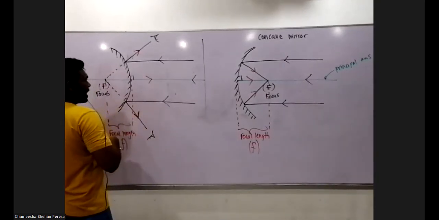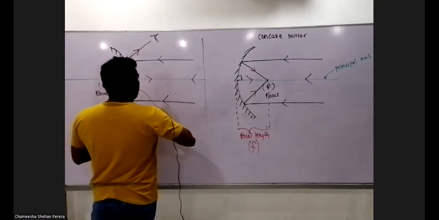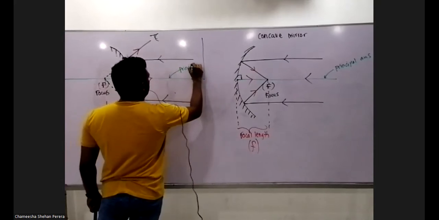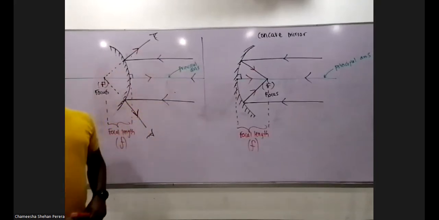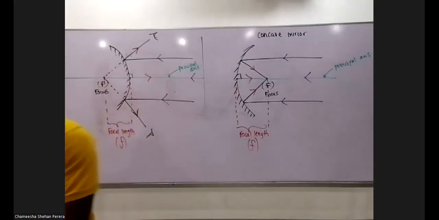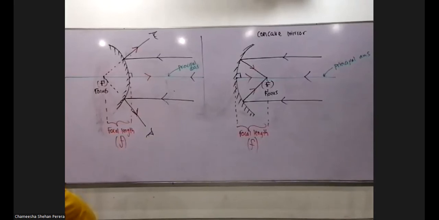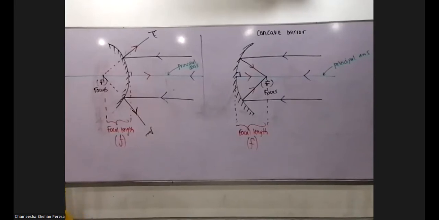So I want you to name this also as principal axis. Shanuki, was it clear to you? Yeah, sir, it was clear, but I'm not done with drawing. Yeah, you can do it. Ellie, was it clear to you?